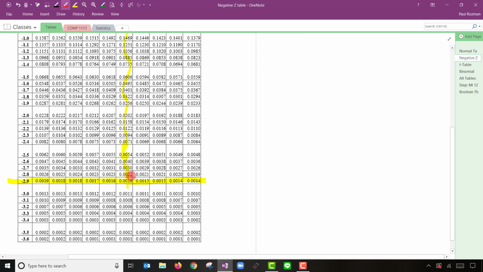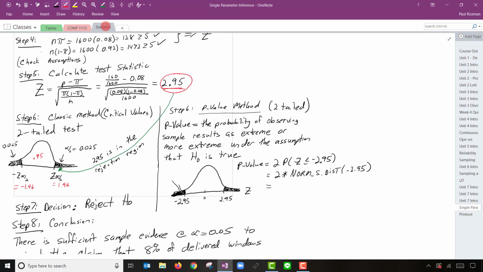So our probability of being in that lower tail is 0.0016. Maybe I'll just write 2 times 0.0016. So we get 0.0032 for our p-value.